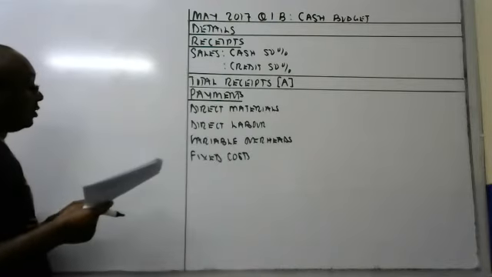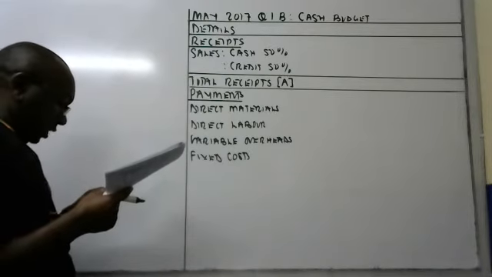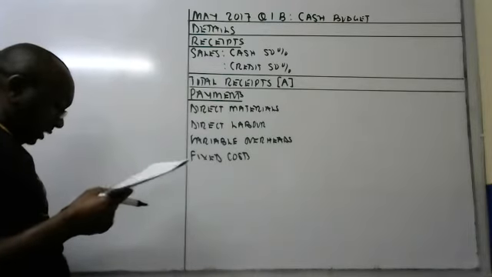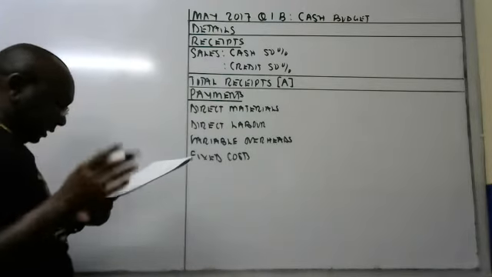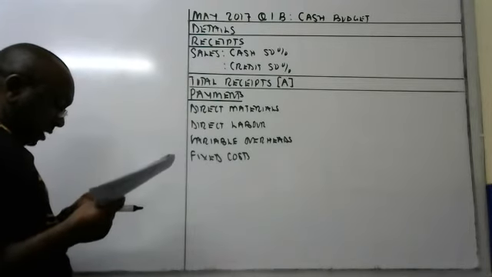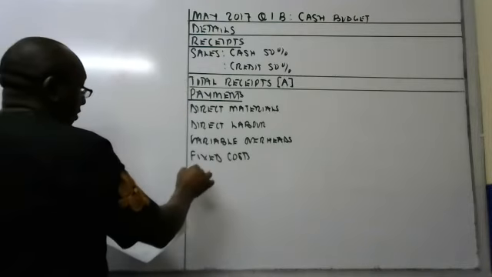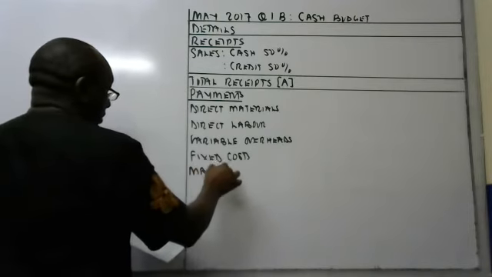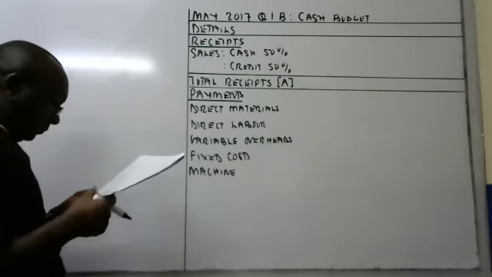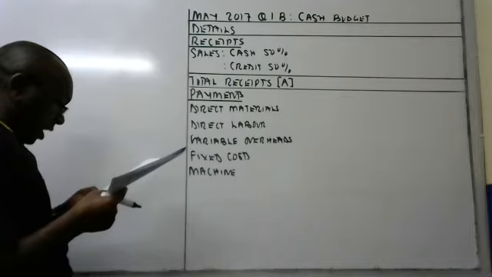Number 5 talks of wages, which you have addressed. Number 6 talks of materials, which you have addressed. Number 7 is really a variable overhead, you already have brought that. Number 8 is sales, which you have done. The opening balance will come in later. Then we have a machine that will be paid for.